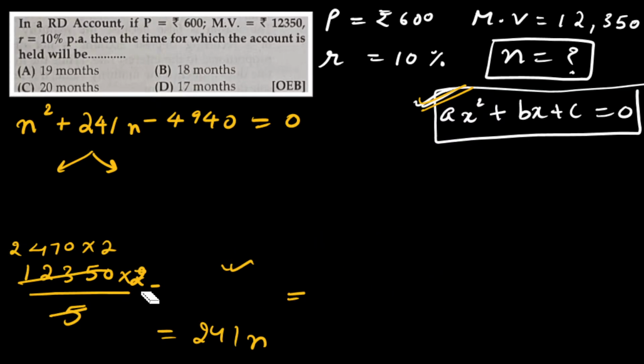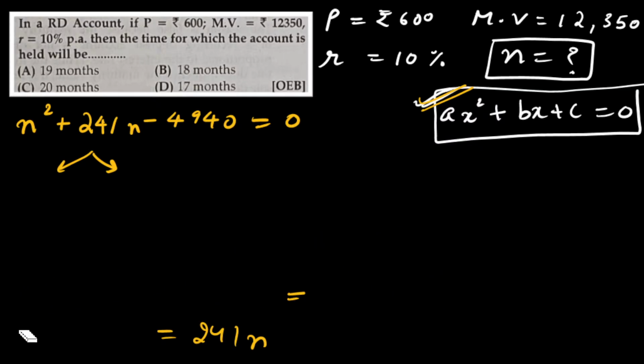So the quadratic equation is n square plus 241n minus 4940. So this is the quadratic equation. Yes, now tell me the factors. Tell me the factors of 241.